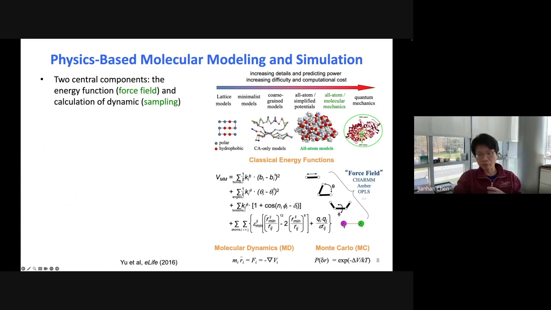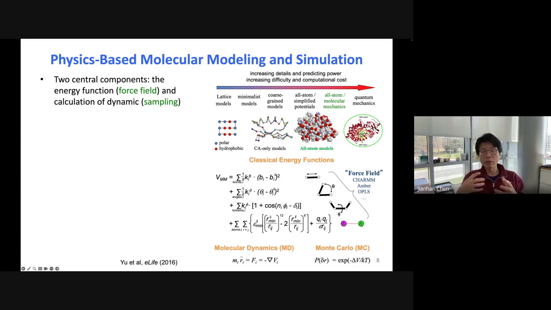We know that any atoms can have so-called van der Waals interaction, or if they carry charge, they can have Coulombic interaction. This is why we often refer to this kind of approach as physics-based: the energy function is an approximation, but it is based on our understanding of the physics involved in the interactions of this system.